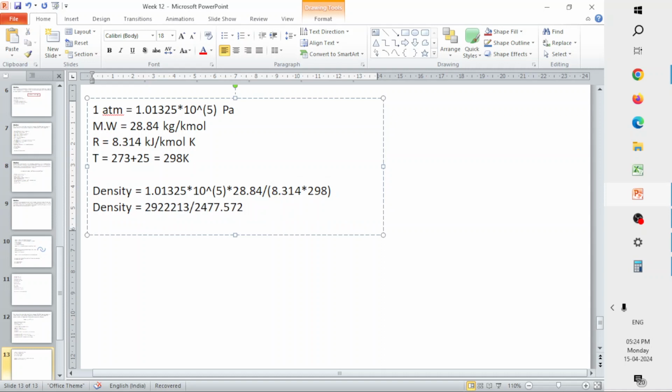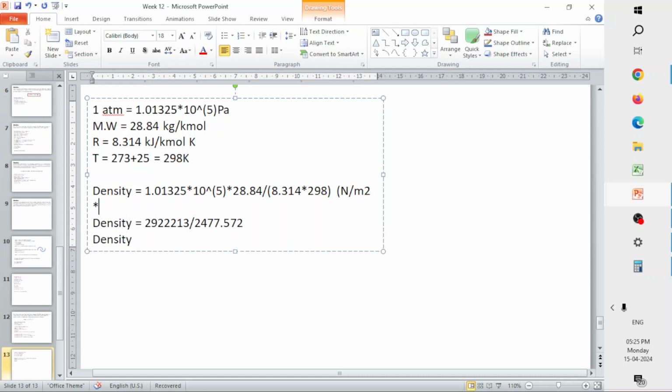So if you divide, you will get the density as, but here you have to be very cautious with the units. That is one of the reasons why we are doing this problem. So Pascal can be written as Newton per meter square, right?